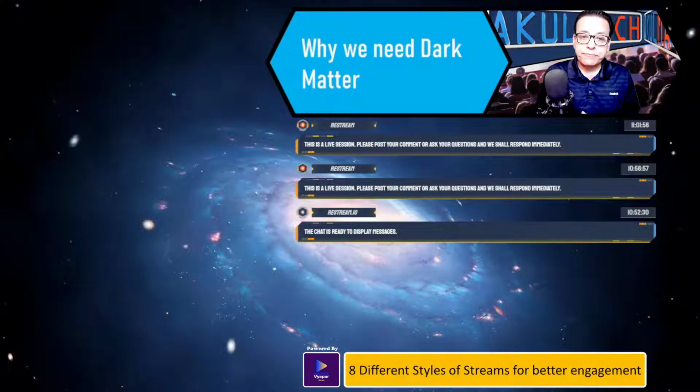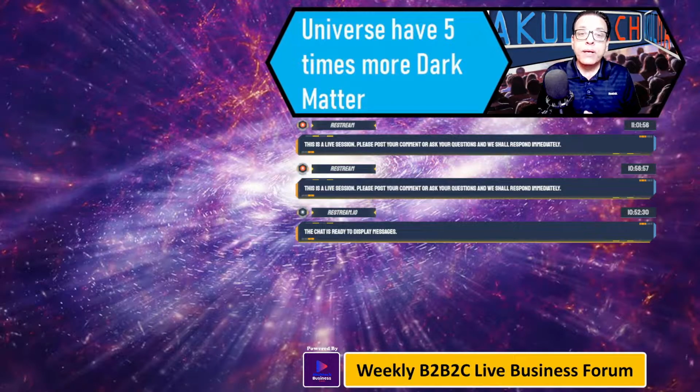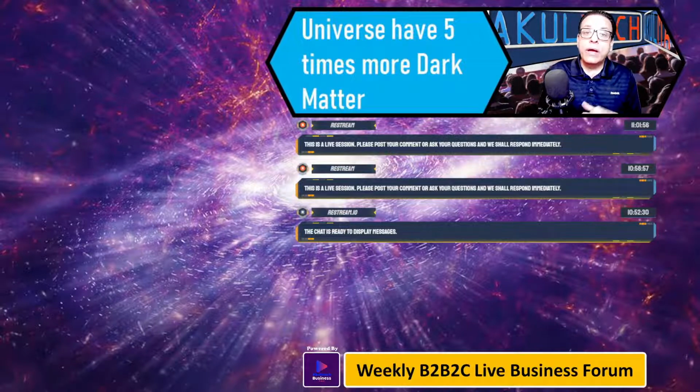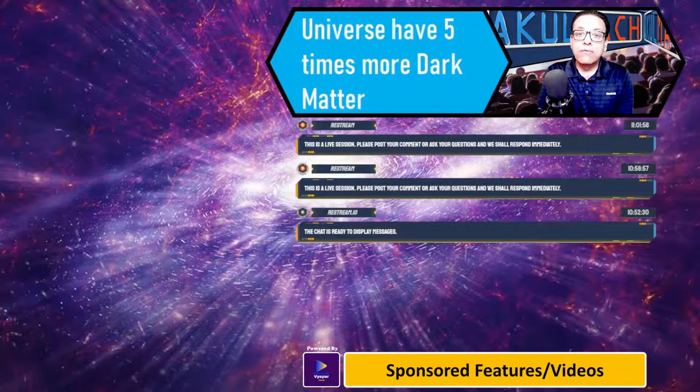Based on the calculation, we found that the mass of the galaxy may be 5 times the mass that we can calculate based on visual inspection of the galaxy.